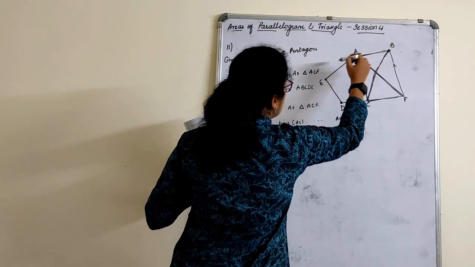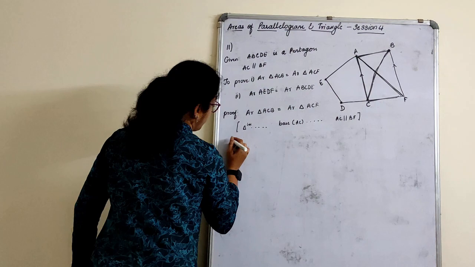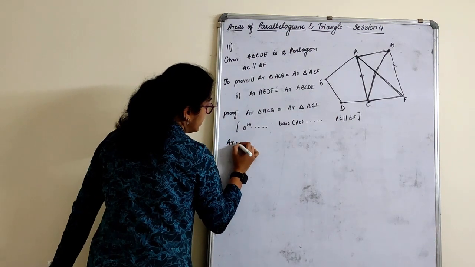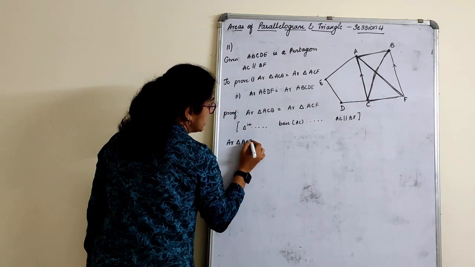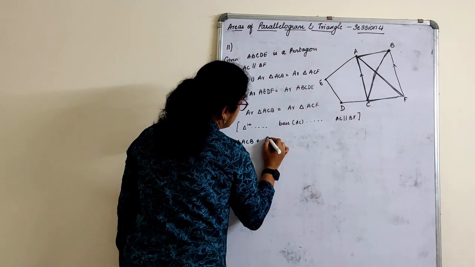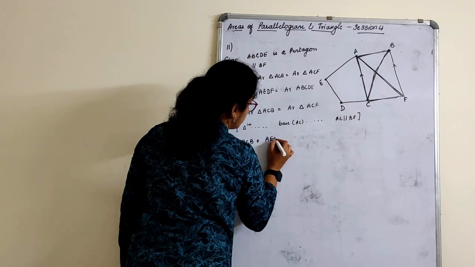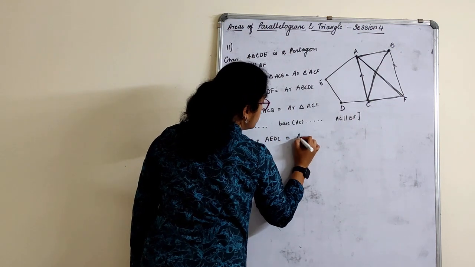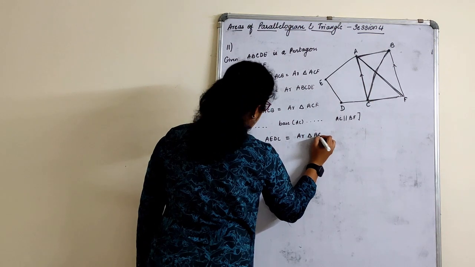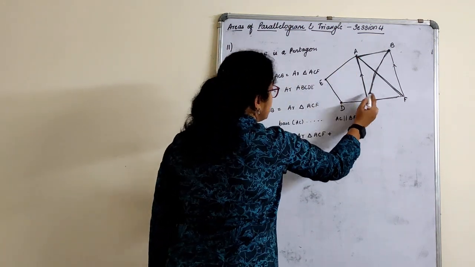One second, children. Area of triangle ACB plus AEDC is equal to area of triangle ACF plus AEDC.